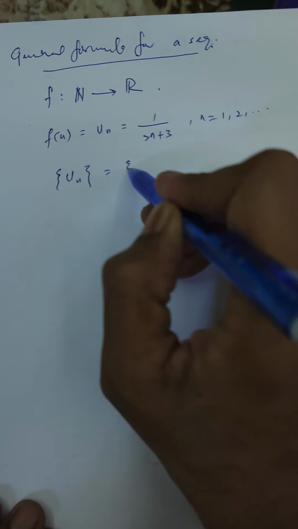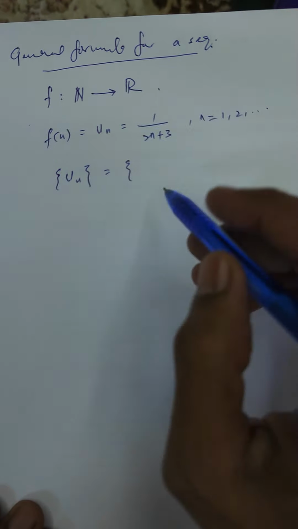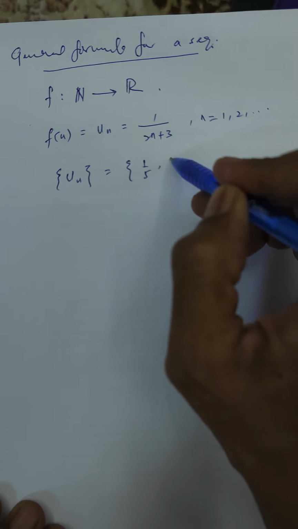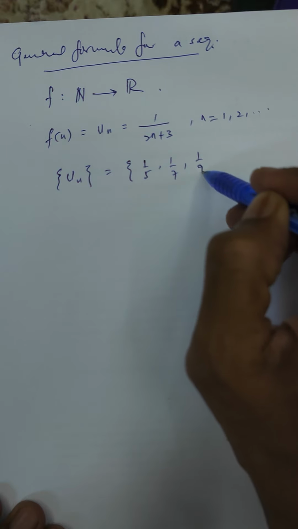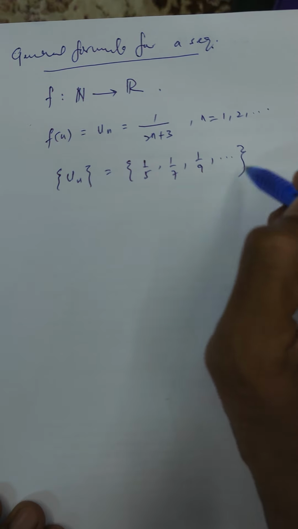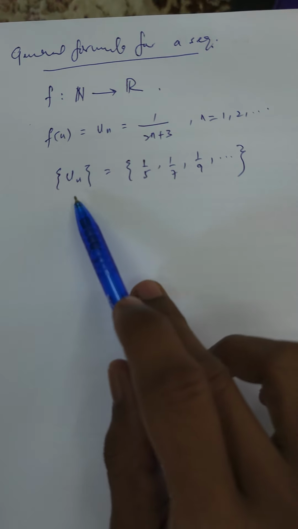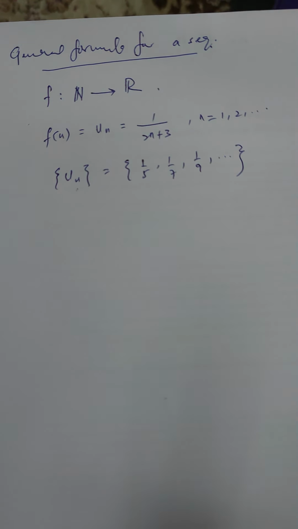If you list down all those terms, you have 1 over 5, 1 over 7, 1 over 9 and so on. Of course, as we mentioned earlier, instead of f(n) we write un, as a function.